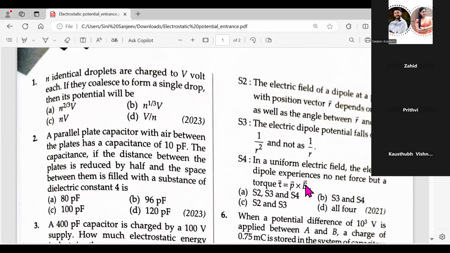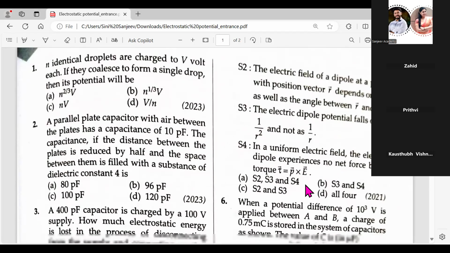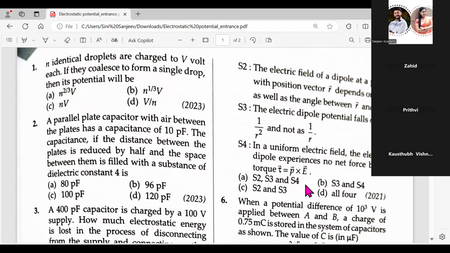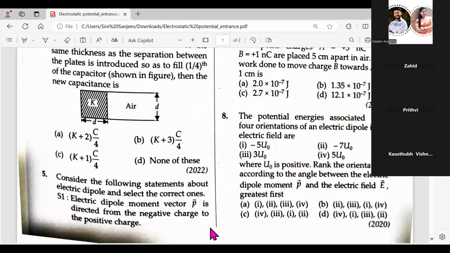The first thing, I have already told you in the sessions, is that the dipole moment vector P is directed from negative charge to positive charge. In the first chapter itself, we have electric field and charges. The dipole moment is directed from negative charge to the positive charge.